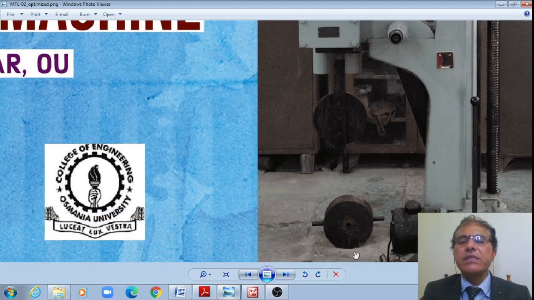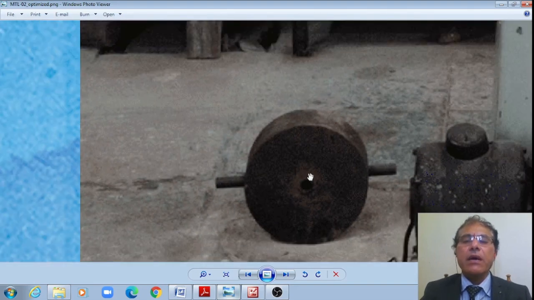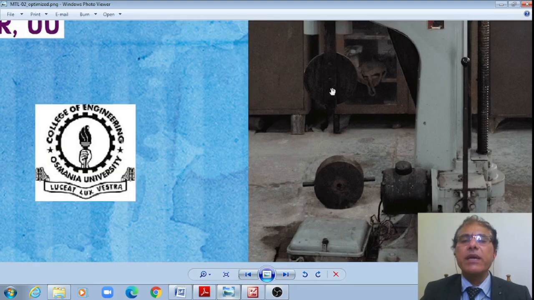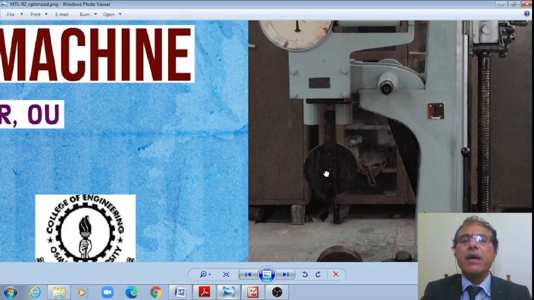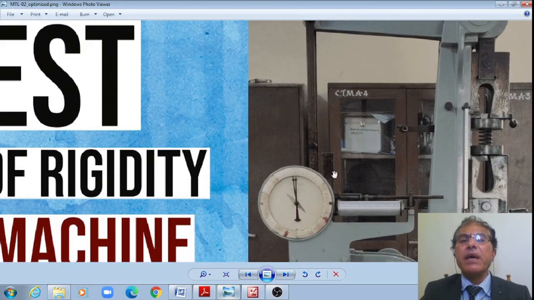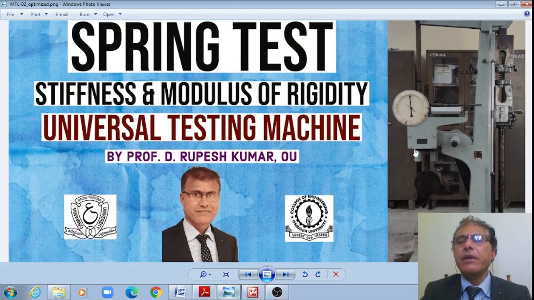If I put the additional weight, it can be loaded up to 2.5 tons, or even by adjusting to the top, I can load up to 5 tons, as appropriate.